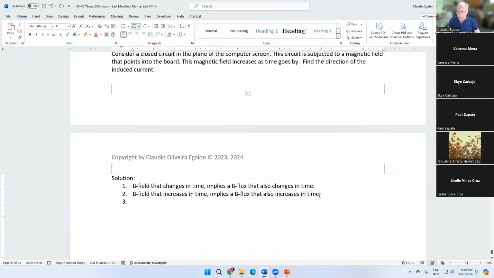I'll call that the external B flux, the external field flux.